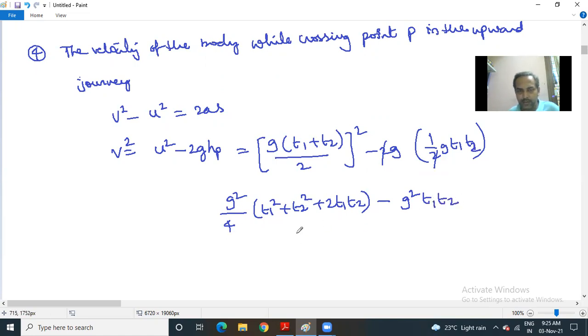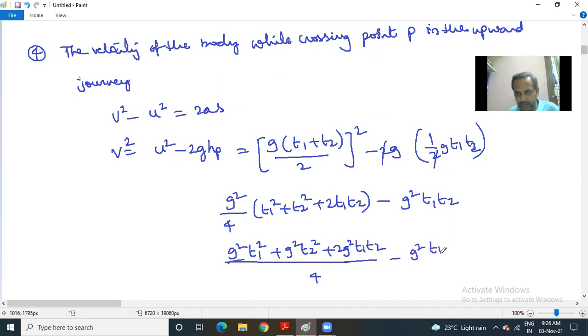Now if you expand this, g square by 4 with t1 square, you can take the whole divided by 4: g square t1 square plus g square t2 square, then plus 2g square t1 t2, whole divided by 4, minus g square t1 t2.